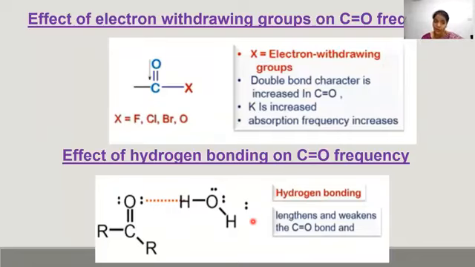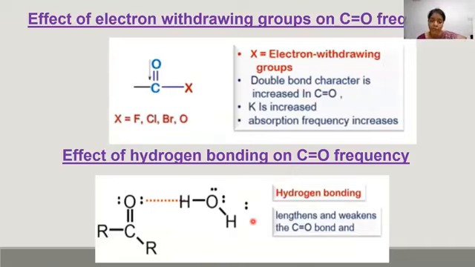When the double bond character increases, the value of the force constant increases. Since the force constant is directly proportional to vibrational frequency, the vibrational frequency will increase. That's why acid chloride shows absorption near about 1800 centimeter inverse because of the electron withdrawing nature of chlorine.